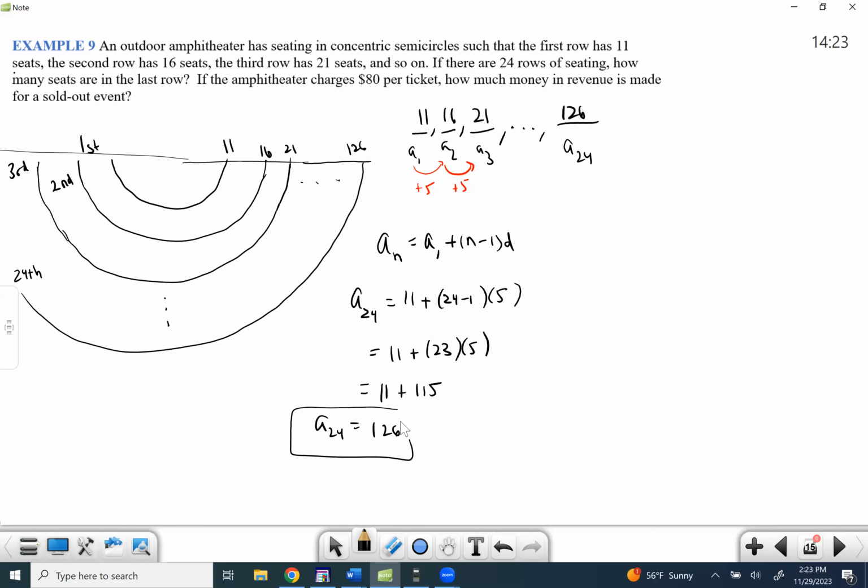Now, if the amphitheater charges $80 per ticket, how much money in revenue was made for a sold out event? And this, I've actually done this. My husband and I used to go to a lot of ballets because I used to do ballet. We'd be sitting in there, maybe at the Dorothy Chandler or the one in Orange County that we go to a lot. You'd wonder how much money they're making because there's so many people in a ballet company, and even people behind the scenes too, not just the dancers.